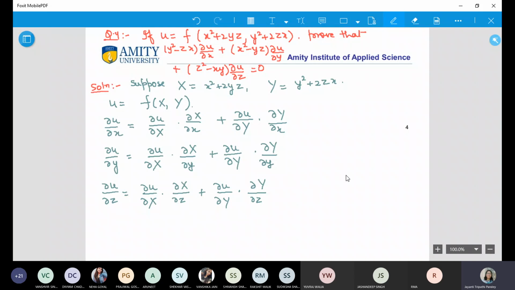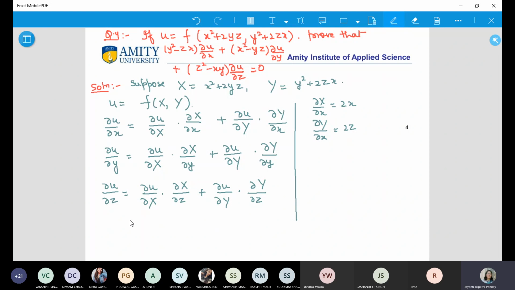Now please find all these values. I'll do one for you and symmetrically you try the rest. I'm doing it for x. So what is my del capital X by del x? It is 2x. And del capital Y by del x is 2z. Is this fine?